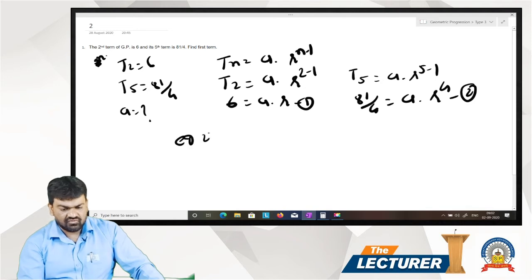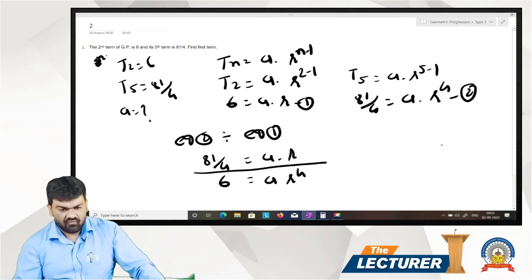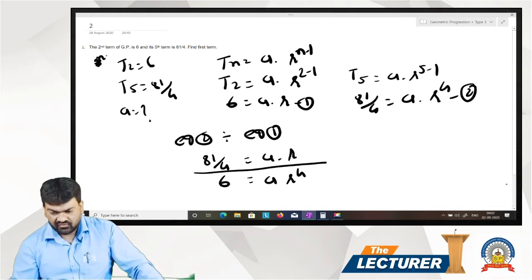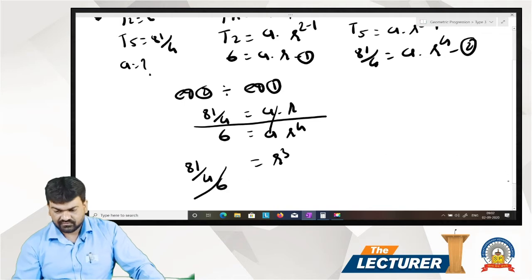So equation 2 divided by equation number 1. 81 by 4 is equal to a r raised to 4 divided by 6 is a r. a cancels. r cube is equal to 81 divided by 4, all divided by 6.